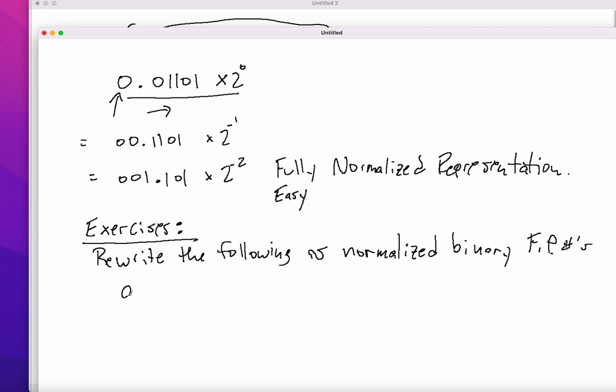So I'll come over here and I'll say A, and why don't we make this 23.875. Why don't we say B, 0.125, C, I don't know, 31.75.